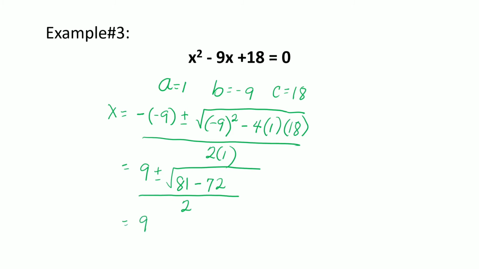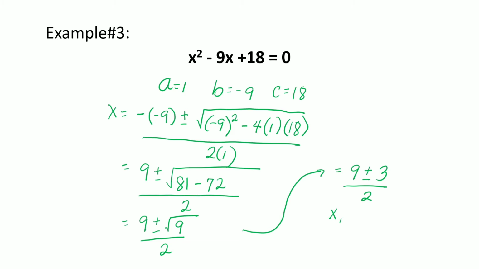Then simplifying, 9 plus minus the square root of 81 minus 72 is 9, over 2. And then we have x equals 9 plus minus the square root of 9, which is 3, over 2.